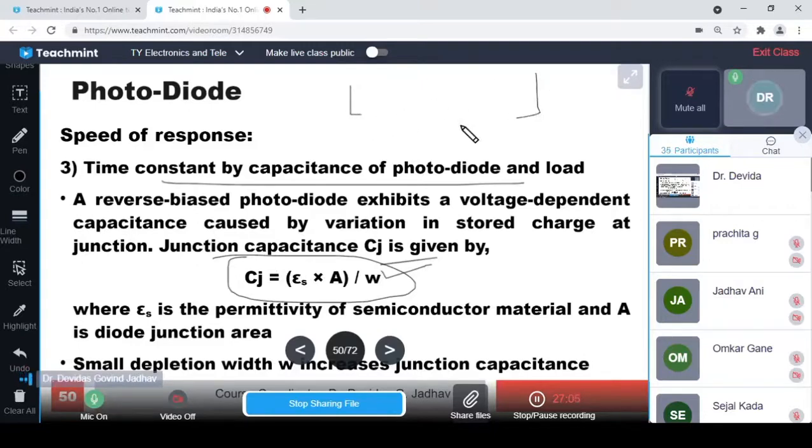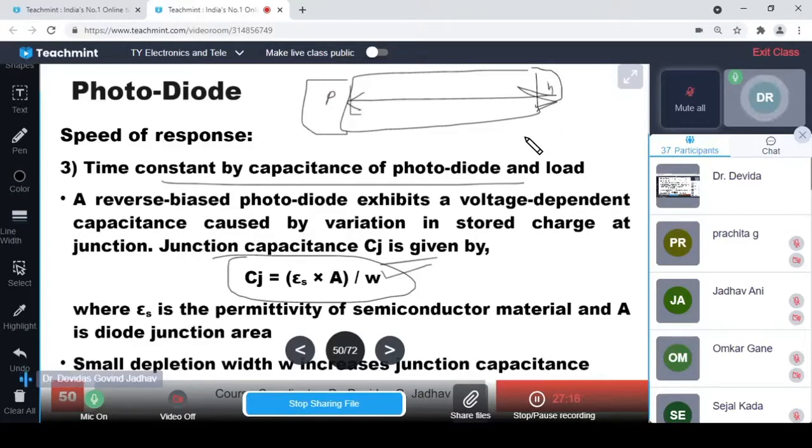So this is N, this is P, and this is the depletion region. Because they are inversely proportional, the longer width gives lesser capacitance, but the longer width also increases the response time. So that balance we have to check.